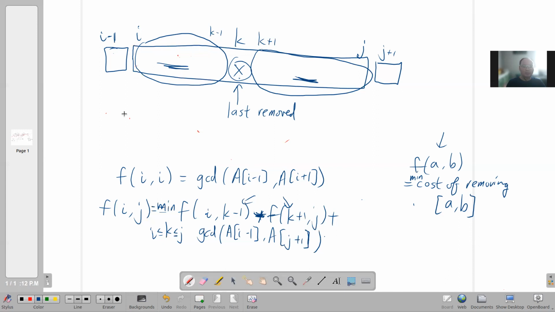Alternatively, you can deal with the wraparound issue by just doubling your array. Just take the same array that concatenates itself twice. And then you can decide to, for example, start from here.